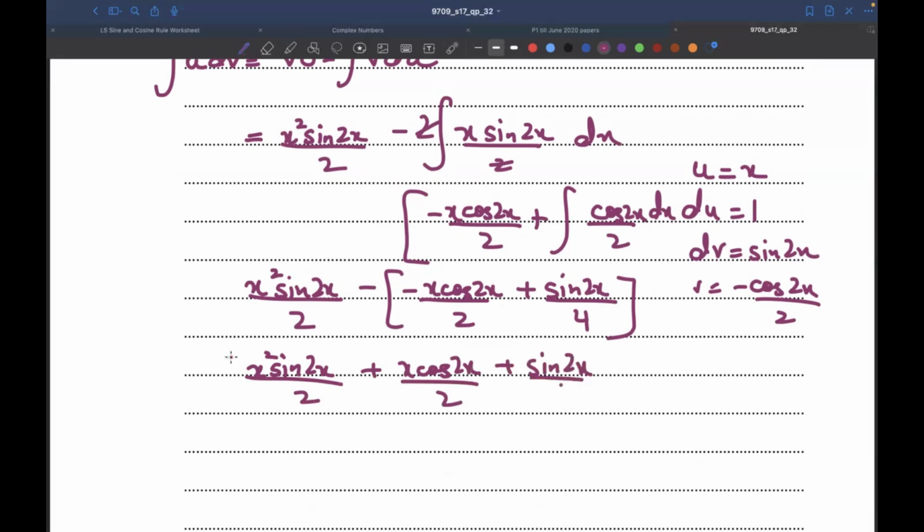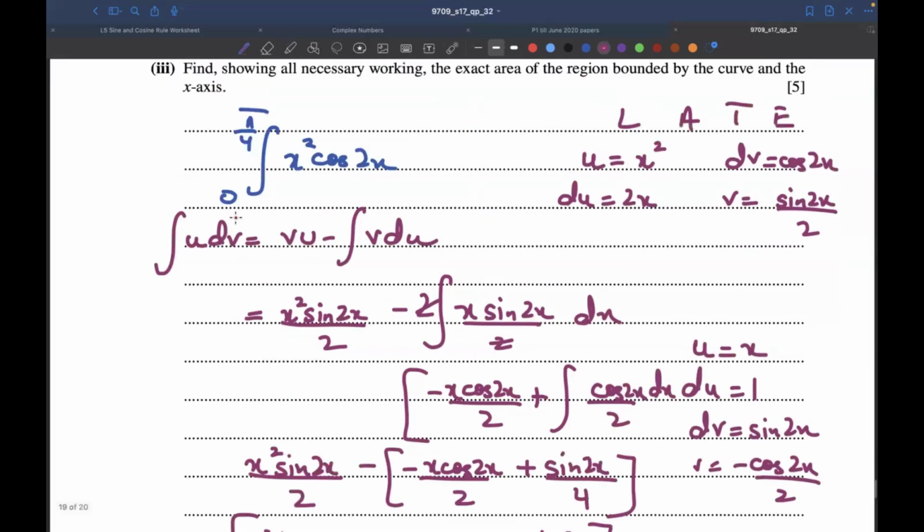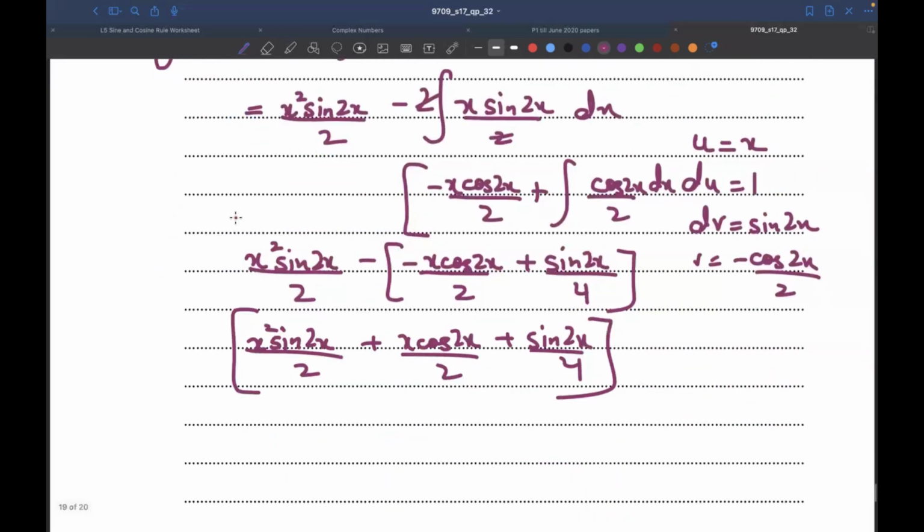Now we have to simply substitute the upper and lower limits. The upper limit was pi upon 4. So substituting x is equal to pi upon 4 over here, we can do this separately. So sine 2 into pi by 4, that is sine of pi by 2, or sine 90, and we know that sine 90 is 1. And so sine 90 will become 1, and x square, so x is pi upon 4.